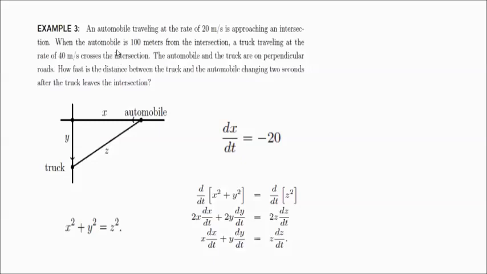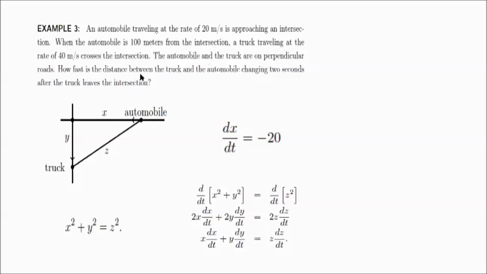Kapag yung automobile class nung naging 100 meters from the intersection na siya, merong nag-travel daw na truck at the rate of 40 meters per second. Okay? So ibig sabihin yung dy over dt natin is 40. Ngayon, since humaba itong y na to, so positive siya. Ito kasi nagdi-decrease, di ba? So the automobile and the truck are on perpendicular roads. Perpendicular. So ibig sabihin 90 degrees.